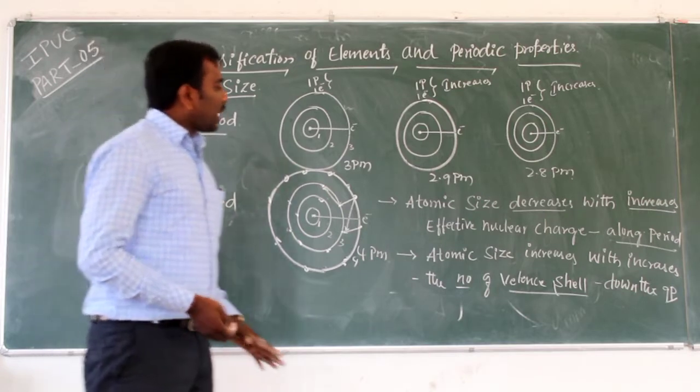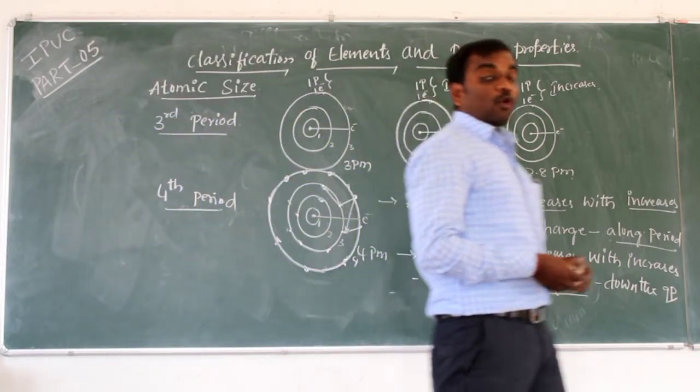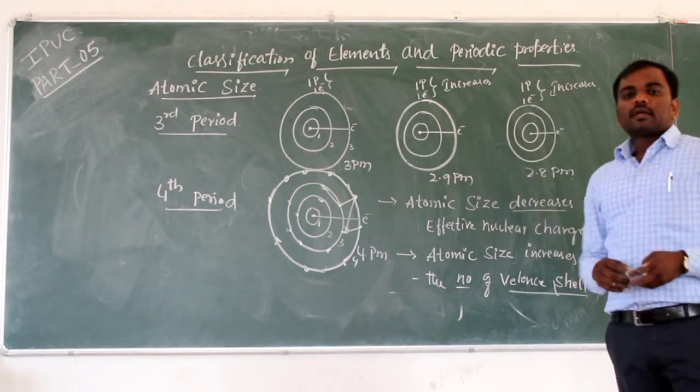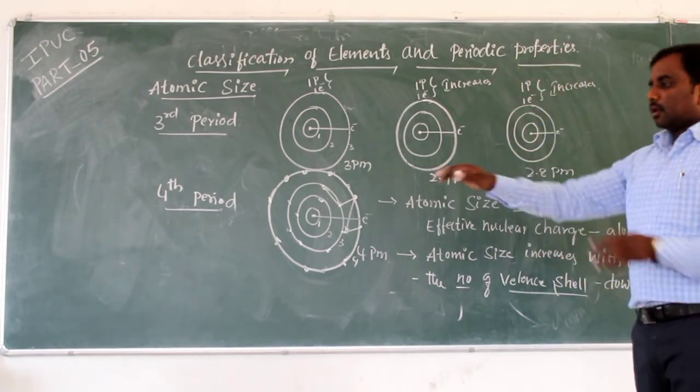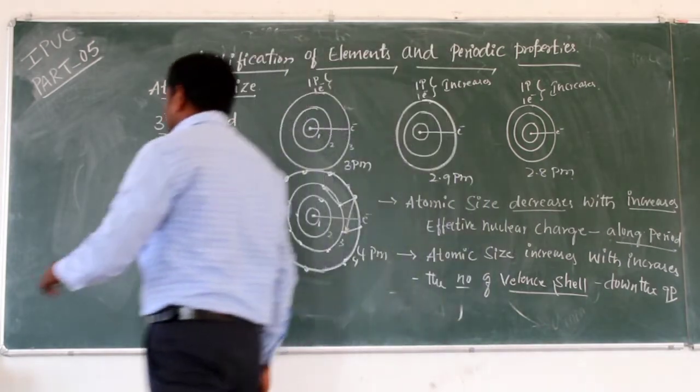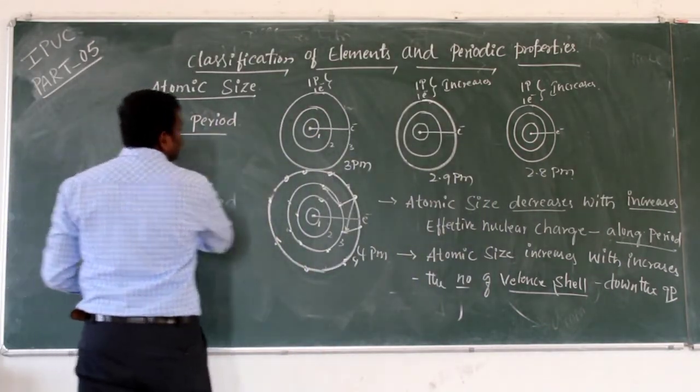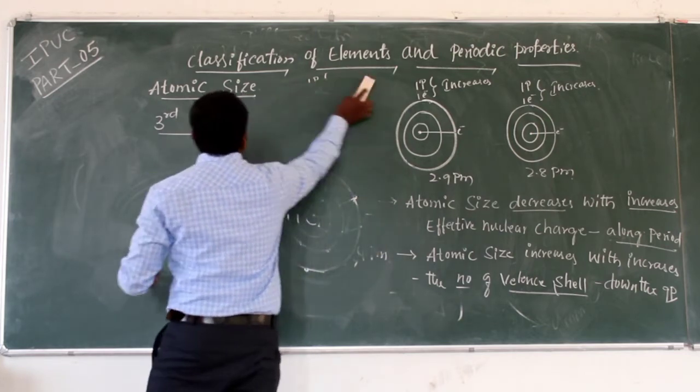Okay, dear students, these are very important properties of the periodic table, right? Next, we move on to isoelectronic species.